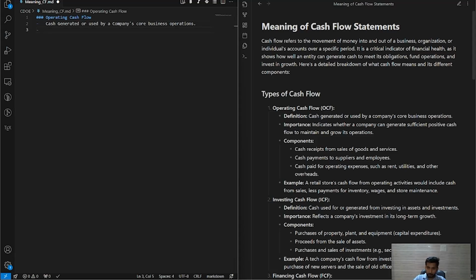Now, it is needed to identify if the company can generate sufficient positive cash.